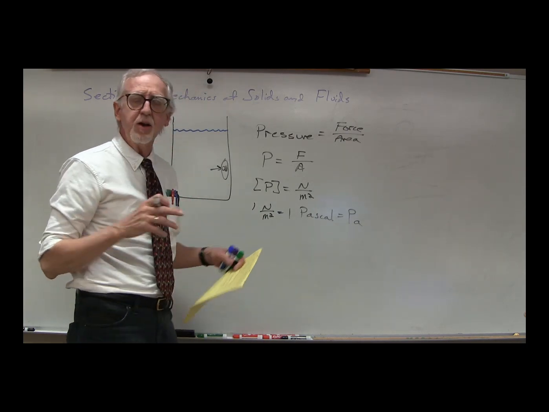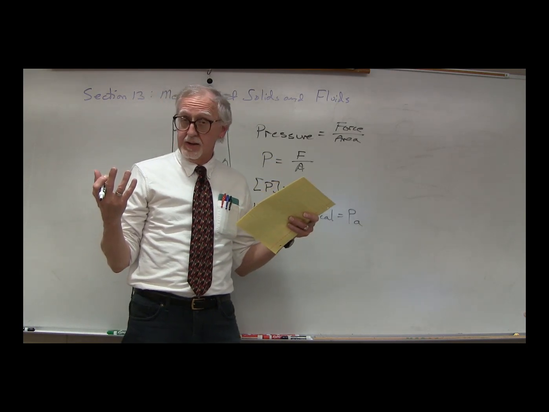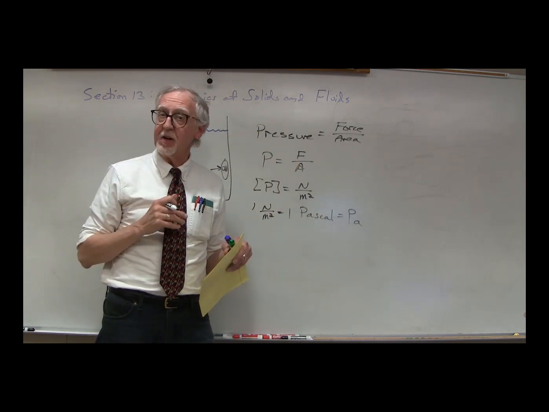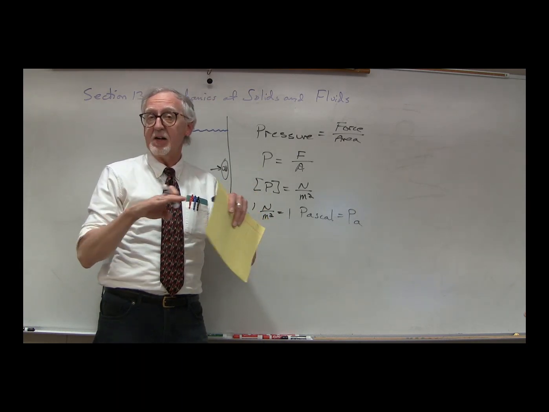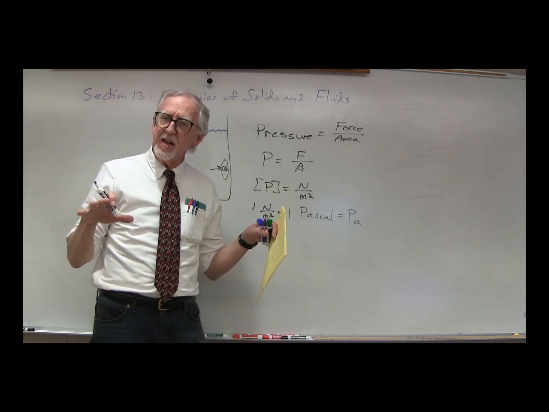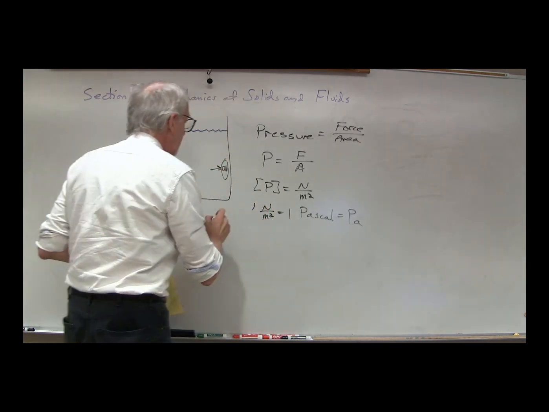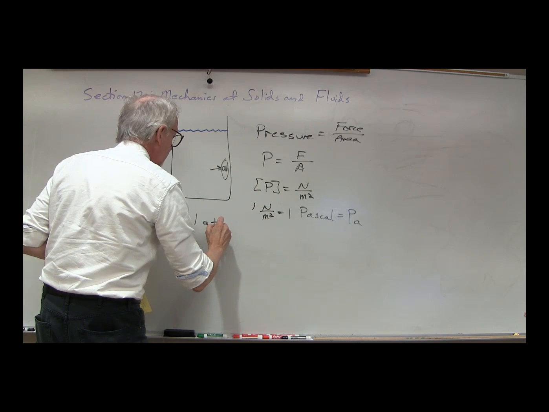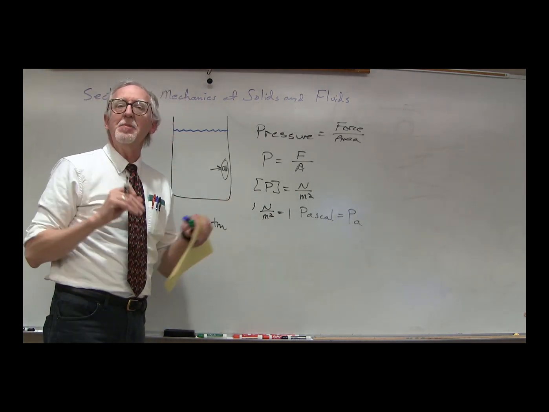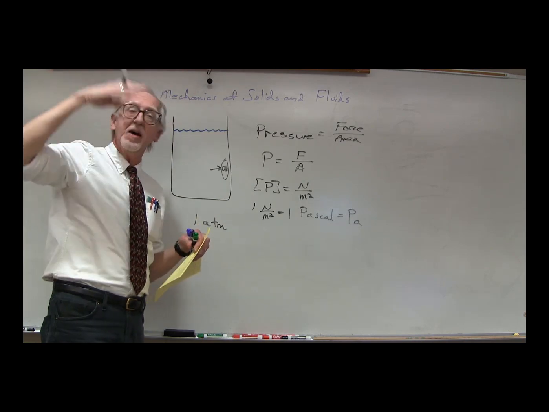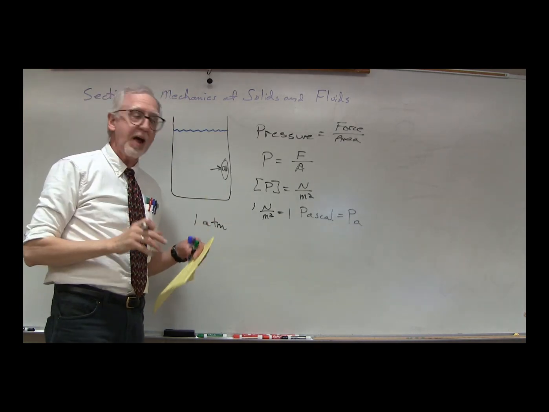Now you might think about it, we are actually in a fluid right now, a gas fluid, which is the atmosphere, and at standard sea level, one standard pressure due to the atmosphere is called 1 atmosphere, 1 atm. That's an average atmospheric pressure due to being underneath all the fluid, all the air in our atmosphere.